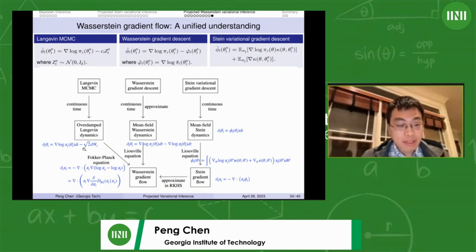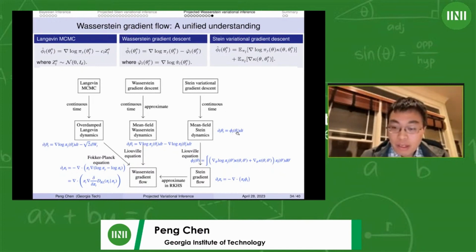It's the dynamics of the parameter, and here we have something like a Brownian motion. In the mean field Wasserstein dynamics, it's simply given by the gradient of the log of the current density pi t. Interestingly, for the Stein version of gradient descent, it also corresponds to a mean field Stein dynamics, and this is given by the phi of t.